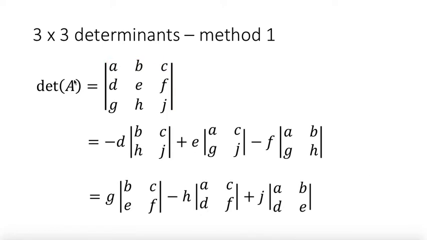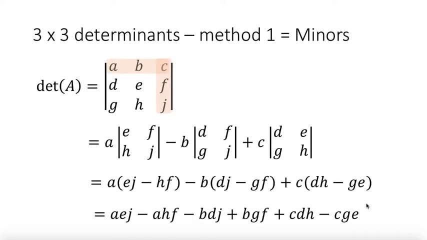You could also cover up the row and column of D, and you're left with B, C, H, J, then E, then F, or G, H, I. You have to do this plus minus thing. But if you expand that out and expand that out, you'll get the same answer as you did here. So you don't need to remember this, you need to remember how to do it.